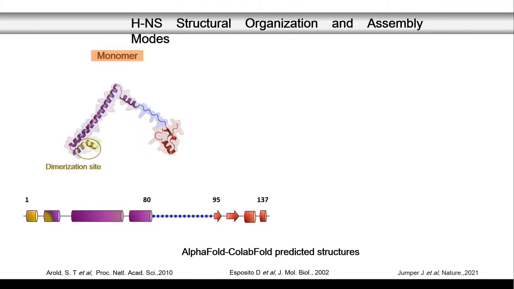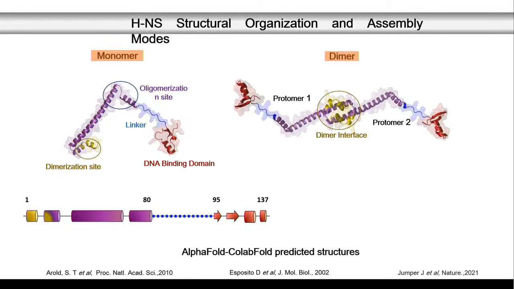Effectively, what you have is the dimerization site, an oligomerization site, and you also have the DNA binding domain. This is the domain that binds DNA, and this site oligomerizes with, or dimerizes with, another such monomer, and hence can form a dimer. As you can see here, these yellow guys have come together and they can form a nice little dimer.